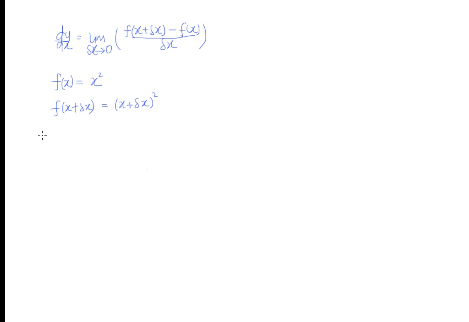And therefore dy/dx, which is the gradient function that we are trying to find, will be equal to the limit as delta x tends to 0 of f(x plus delta x), which in this case is (x plus delta x) squared, minus f(x), which is x squared itself, divided by delta x.